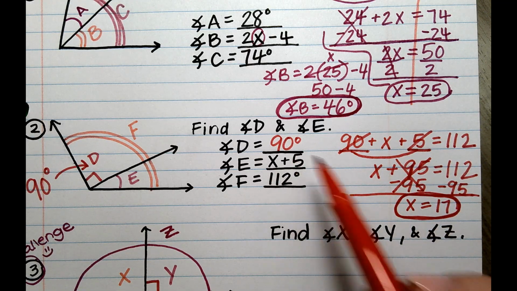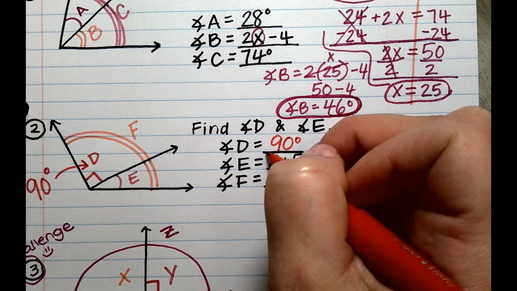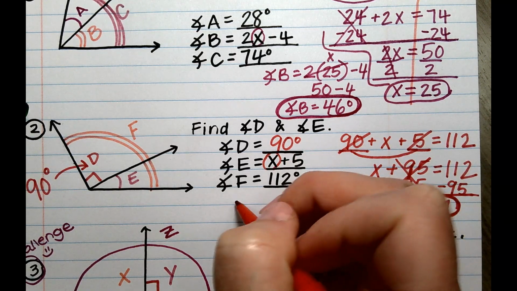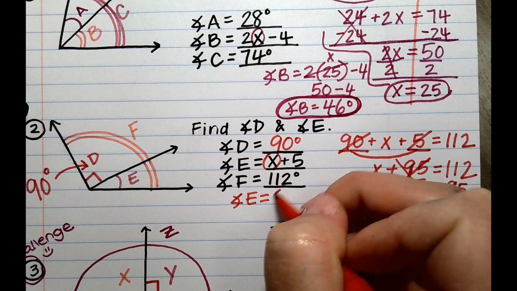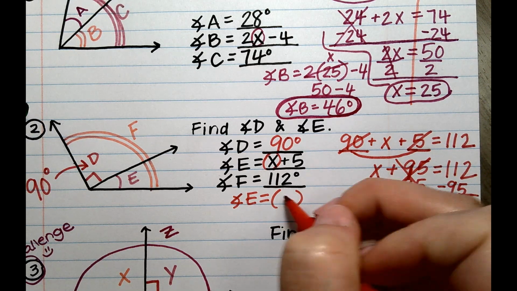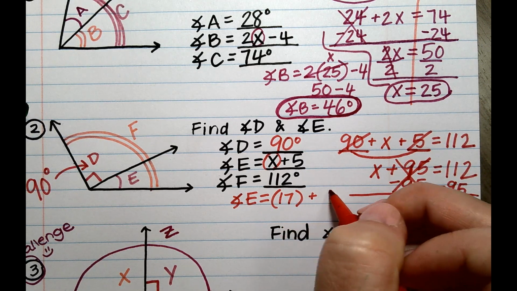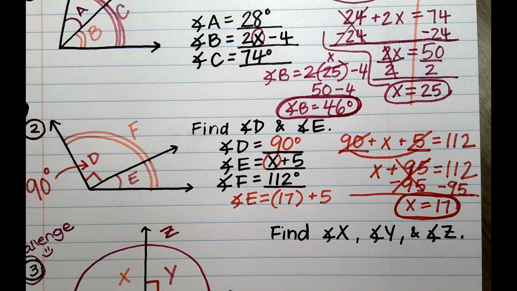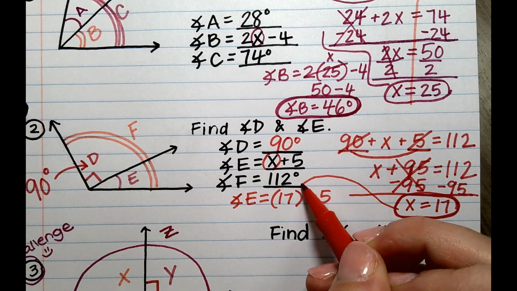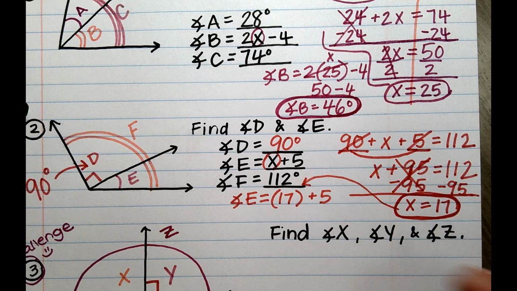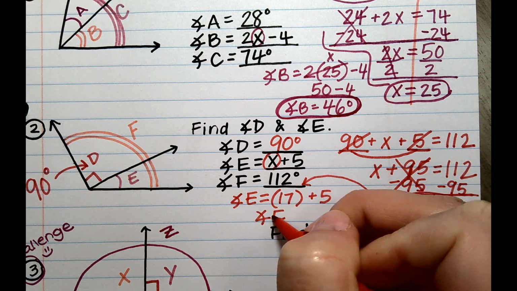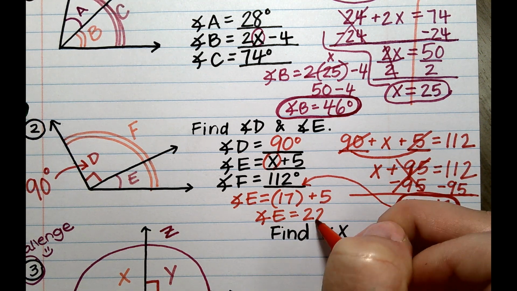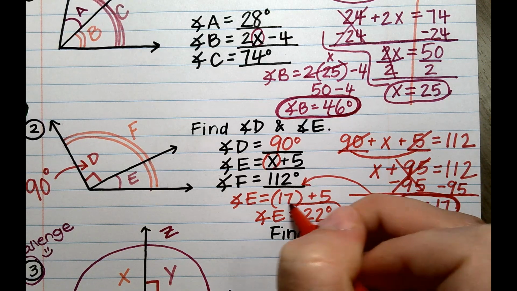So we're going to plug that in and replace the x. So I'm going to write angle E equals, instead of x plus 5, 17 plus 5. And what is 17 plus 5? 22. So angle E is 22 degrees.